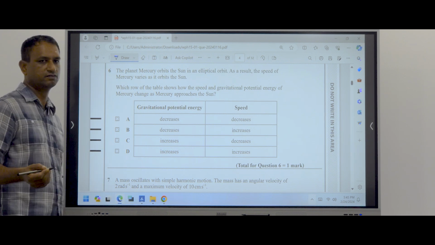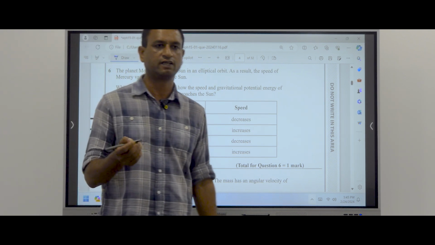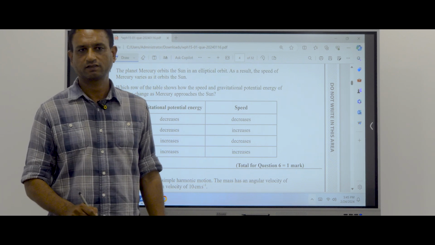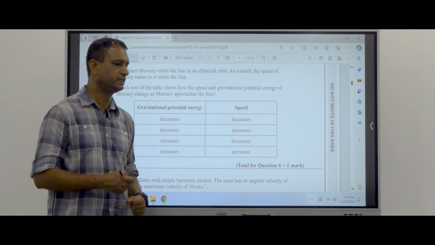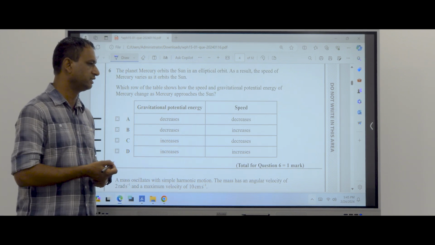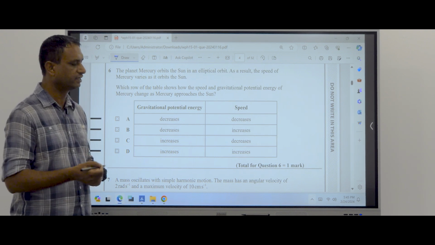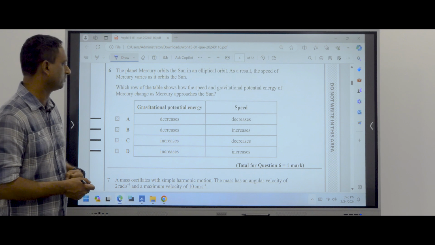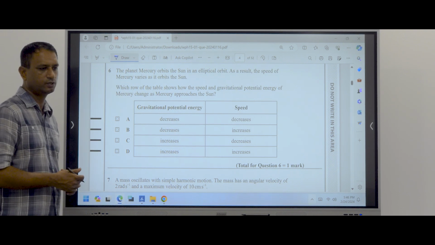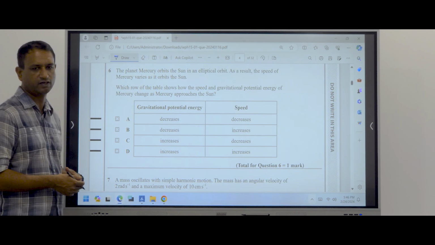When an object is moving away from another object, gravitational potential energy increases, and when it is totally away from its gravitational field, gravitational potential energy becomes zero. Gravitational potential energy's maximum value is 0.